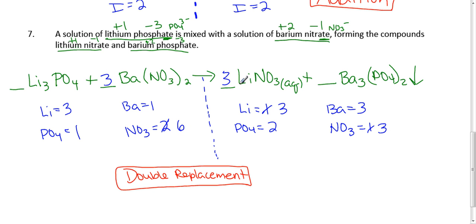And then over here, we already had a 3, so let's cross it out and let's just change it to a 6. And look to see what that did to our lithiums. Now we have 6 of them. So now over here, lithium, it doesn't match anymore. We need to have 6, so we need to just multiply it times 2. So now that matches, and if we look, that also gave us 2 phosphates.